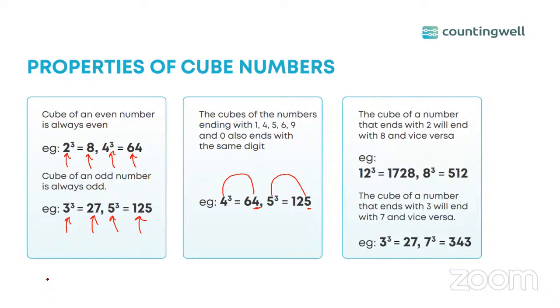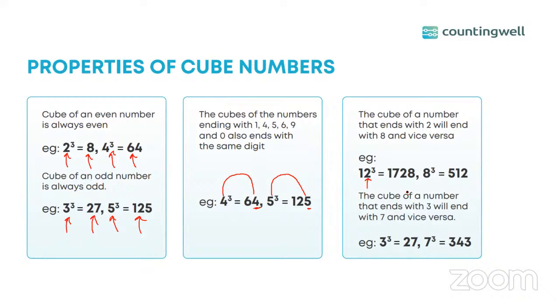Let us see one more property of cube numbers. The cube of a number that ends with 2 will end with 8 and vice versa. Suppose you are taking the cube of 12. 12 is ending with the digit 2.